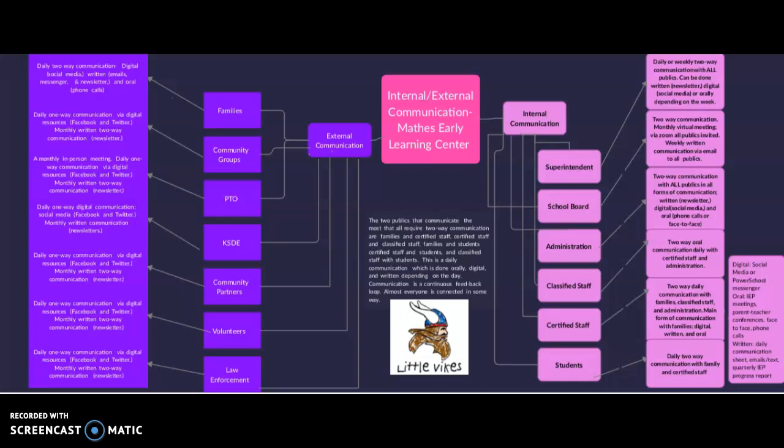Certified staff, we definitely have the most interactions with the families. I know personally, I talk to all of my families at least once a week. We also send home the daily communication sheet. So it says what we're doing that day. And then I will personally write in if we had any problems or if there was a success story that we wanted to celebrate into each of those folders.